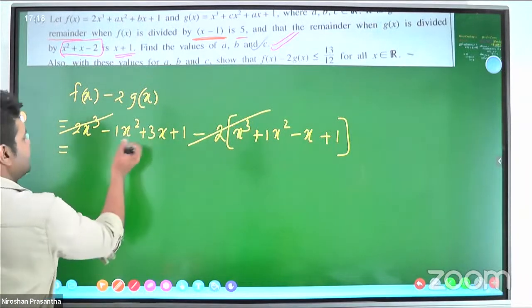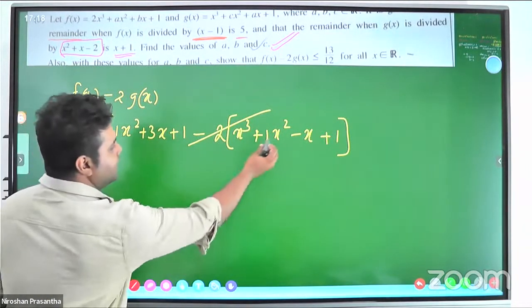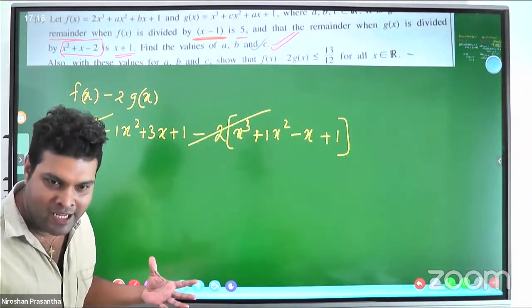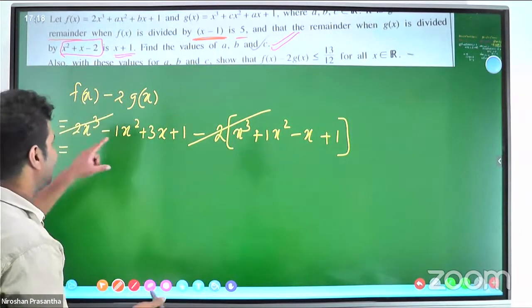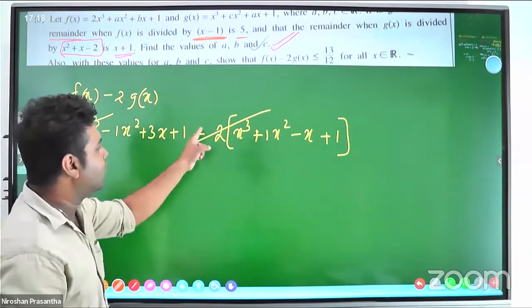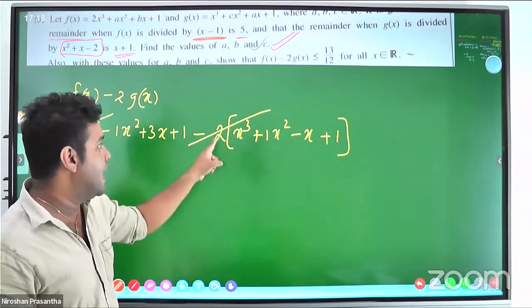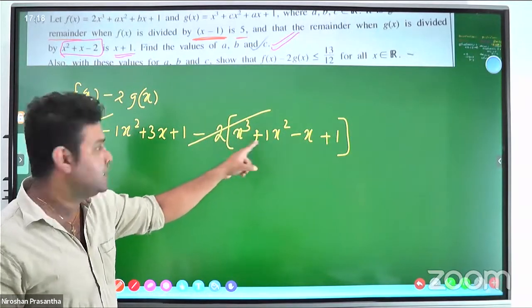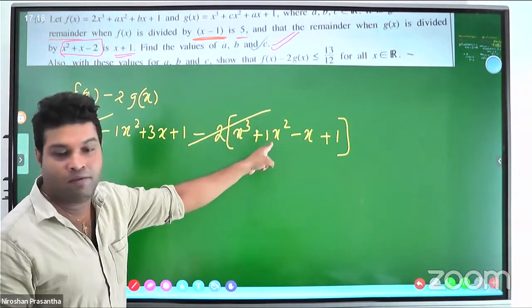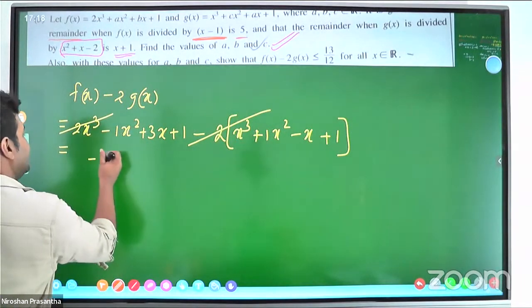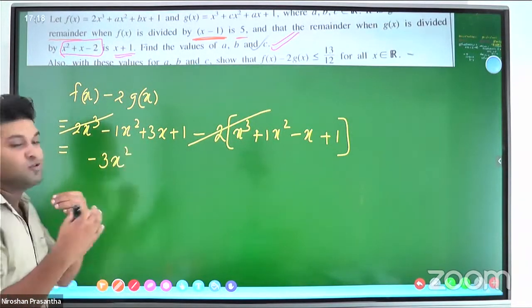And this minus x squared, and what's happening? Are you O levels or A levels? You are A levels, right? Now tell me, minus x squared and minus 2 times 1, so minus 2x squared, and this minus 1 squared, minus 3x squared. Advanced students do it like this.